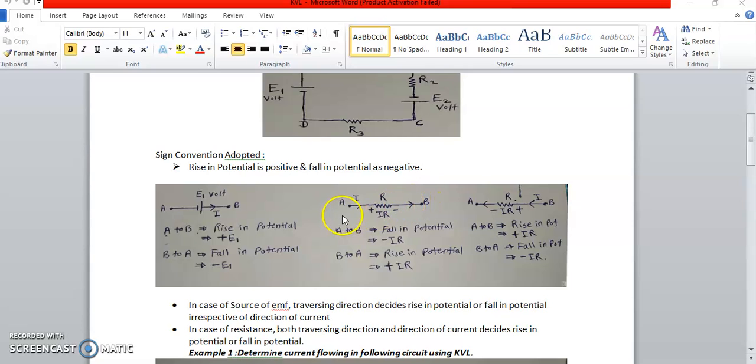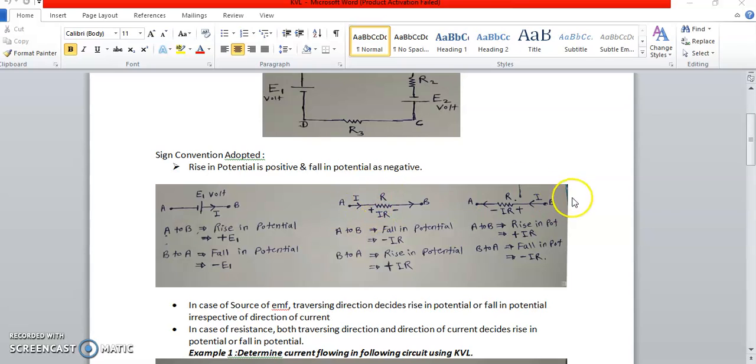And in this case, if we traverse from terminal A to terminal B, there is a fall in potential because first we go through the positive terminal and then through the negative terminal. In this case, if we traverse from B to A, there is a rise in potential and it will be written as plus I into R.